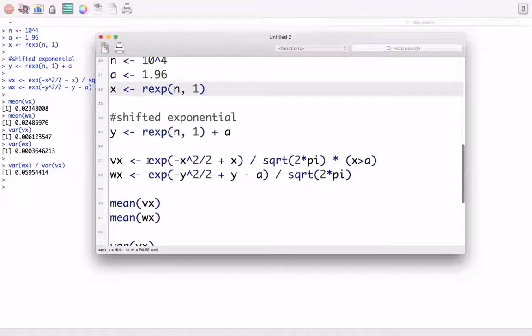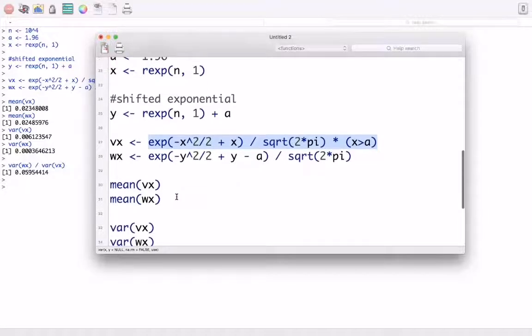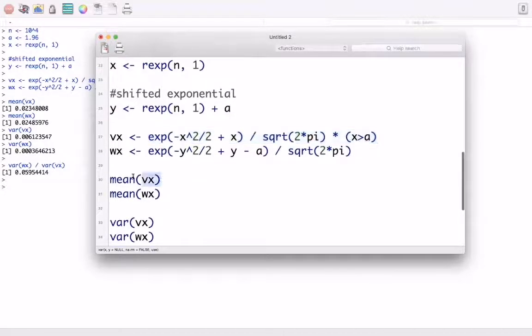And then this part is just your representation, the summand in your Monte Carlo estimator. And then that's it. Very straightforward. Find the mean. This one is just to confirm that your Monte Carlo estimator is estimating the right thing. And the important thing is to compare the variance. Okay.